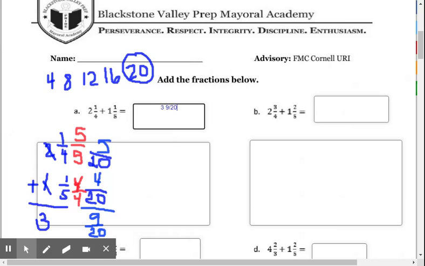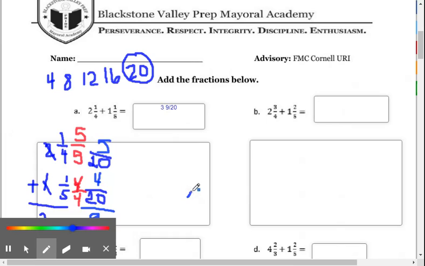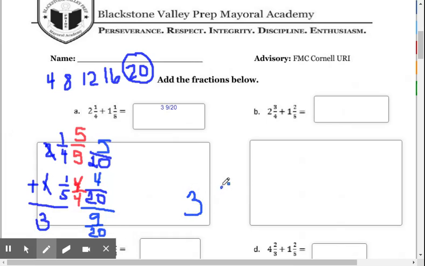Now, if this was improper, then I'm just going to pretend. Let's say my answer was 3 21 over 20. The top number is bigger than the bottom, so this is improper. What do we do when you're improper? So 21 divided by 20 is 1.